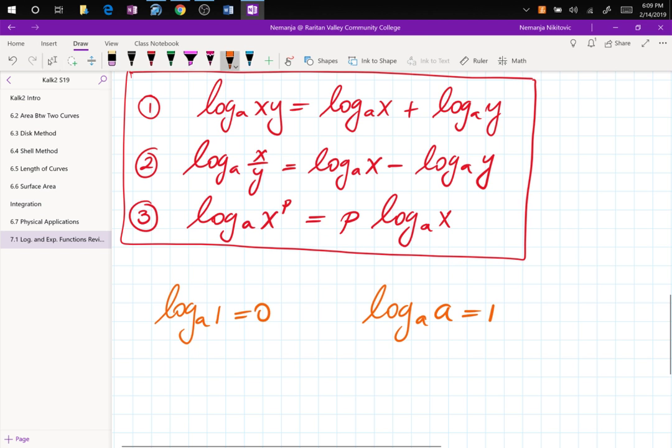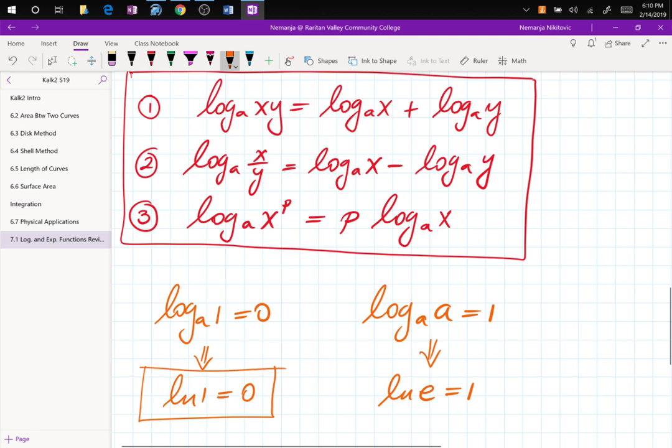So this one has a different form: ln 1 is equal to 0, and ln of e is equal to 1, because ln, remember, is log base e. So e, that will be the same value, and then the answer is 1. These pop up a lot in your calculation of definite integrals. So you want to really remember these.